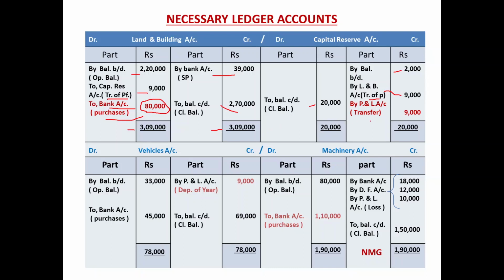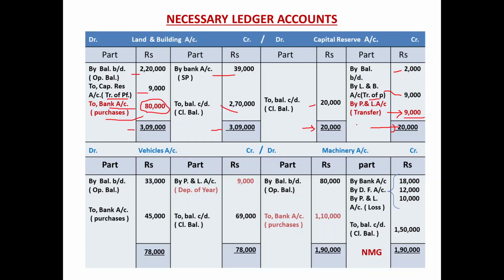Likewise, close the capital reserve account also. Total of the debit side looks bigger, 20,000. Put it on the credit side, 20,000. And we are getting a balancing figure, rupees 9,000 on the credit side. What could it be? It must be the transfer from the current year's profit and loss account, like the company transfers to general reserve account every year for the purpose of saving, that we saw in our previous 3 questions.